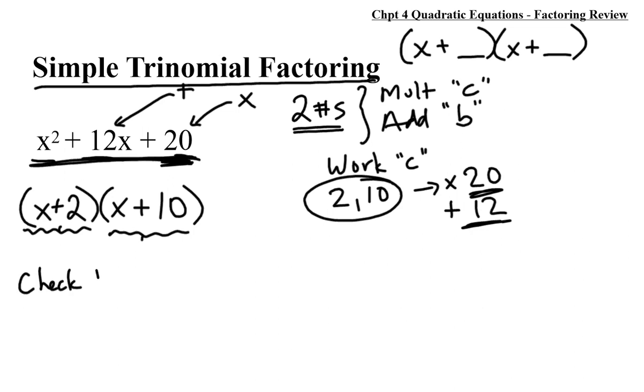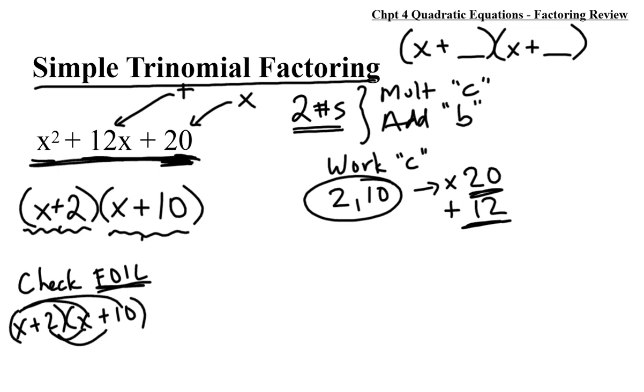If you want to do a check, remember to FOIL. If I FOILed this as a check, x plus 2 times x plus 10, first, outer, inner, last. That would give x squared plus 10x plus 2x plus 20.